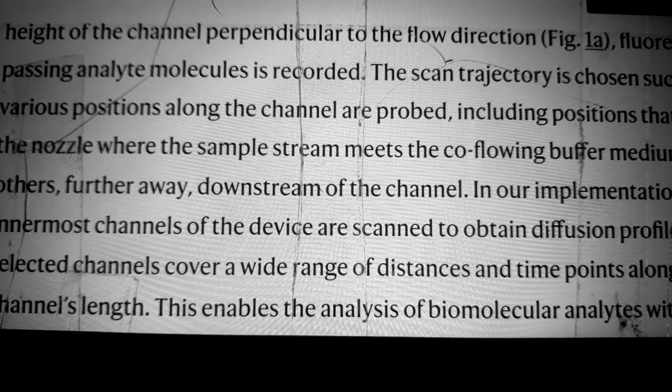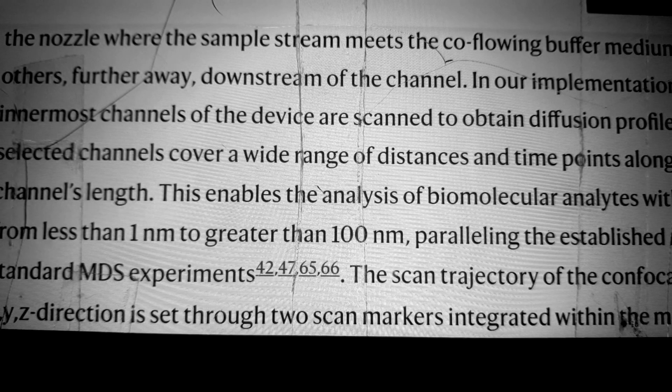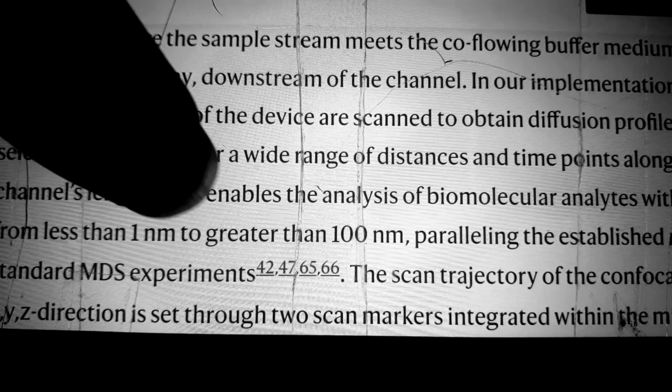The scan trajectory is chosen such that various positions along the channel are probed, including positions close to the nozzle where the sample stream meets the co-flowing buffer medium, and others further away downstream of the channel. In the implementation, the 4 innermost channels of the device are scanned to obtain diffusion profiles.